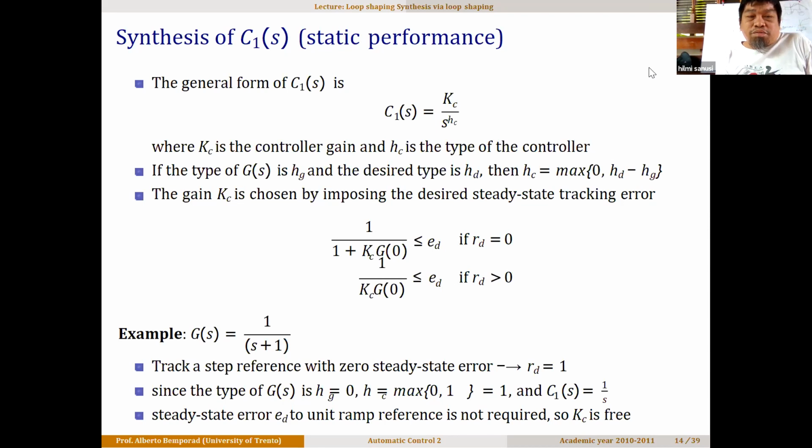Then the gain is chosen by imposing the desired steady state tracking. So kita buat satu controller, dia akan settlekan masalah tracking error, steady state tracking error.